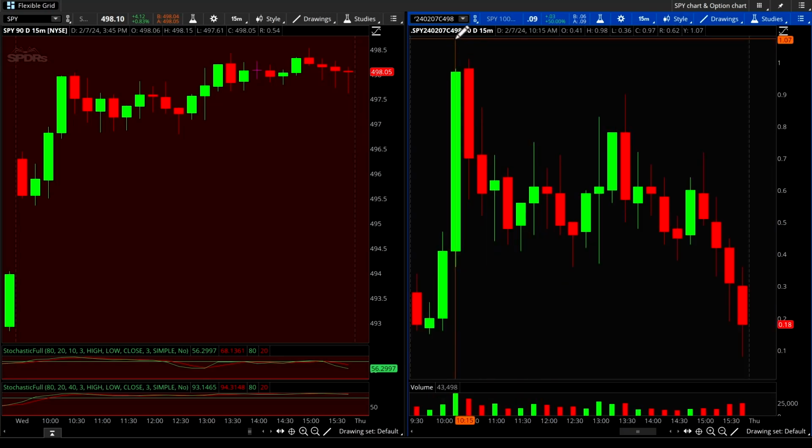Here we got the 498 up and ready. 498 call option on the spider. The low at 9:45 is $15. That's a really good price, and you can buy a few of those. And then at around 10:15, 10:30-ish, we got a high of 98 and 101.